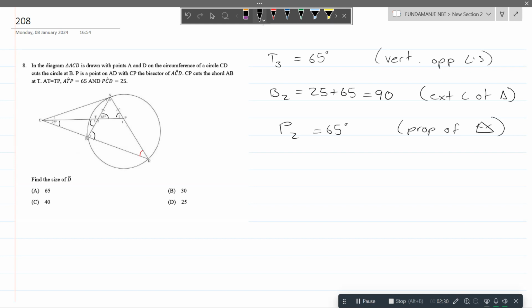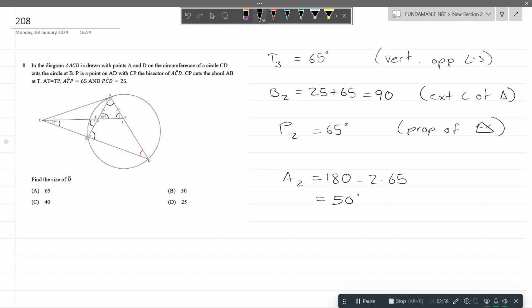Then once we have P2, we can also say now that A2 is equal to 180 minus 2 times 65, which will be equal to 50 degrees. So here we're saying A2 is equal to 180 minus 2 times 65.